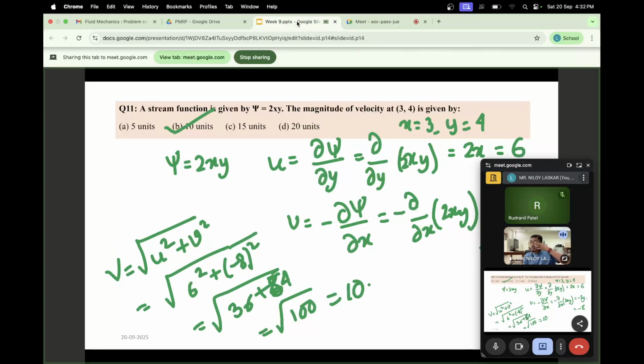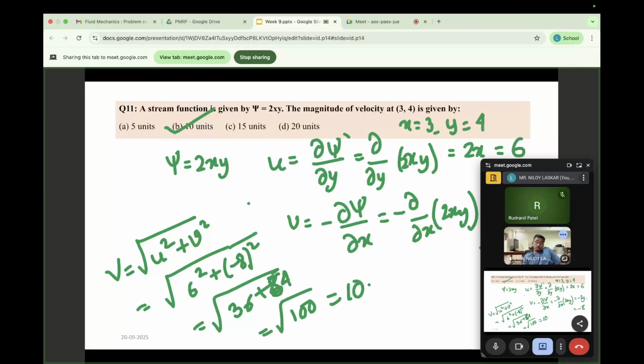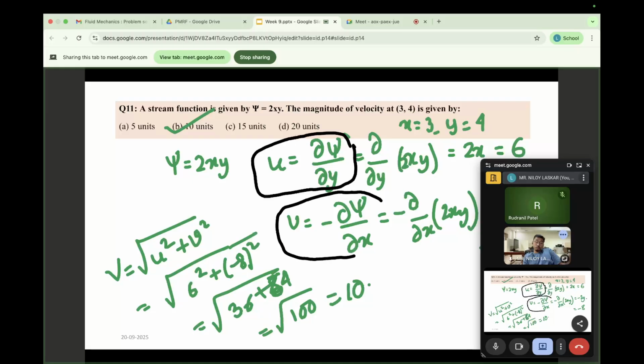Okay, so this is the way you have to solve certain types of question. First, you just have to remember this thing, nothing else. You need to recall this thing, and everything else you will be able to solve.